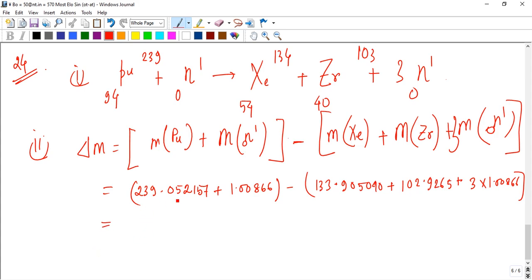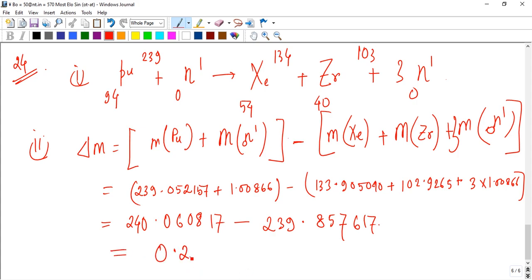Finally, if I add these, we get 240.060817 minus, if I solve this with the help of a calculator, 239.857617. So finally, subtracting these two, we get 0.2032 AMU, atomic mass unit.